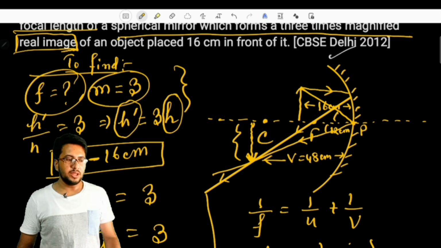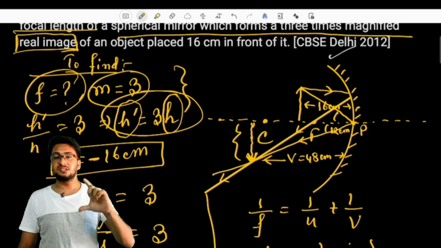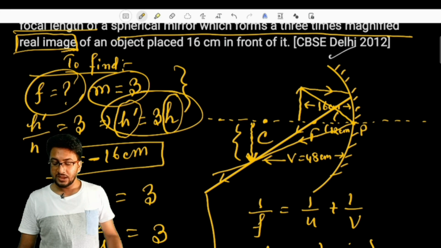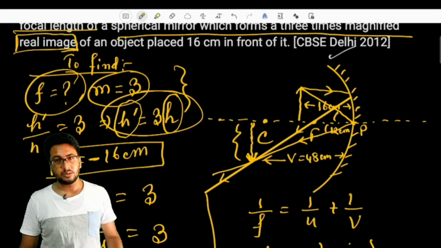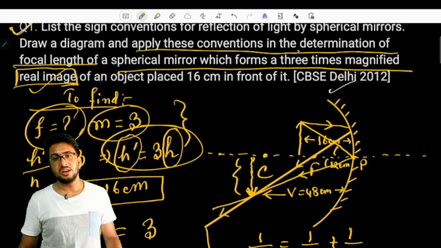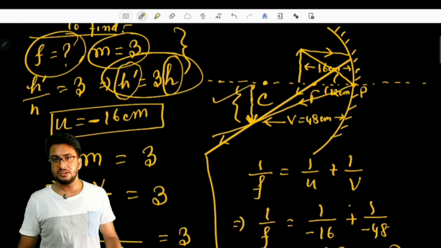Definitely you know that V is 48, that means V is greater than U, and we have already mentioned that H dash is equal to 3 H. That means whatever the size of the object, that will be multiplied thrice, and that bigger height will be for the image, okay. That means we are always obtaining a magnified image, and the image is forming real, as already mentioned, and if it is real, it should be inverted, as found in our case. So real, inverted, and highly enlarged, magnified by 3 times we can say in this case.